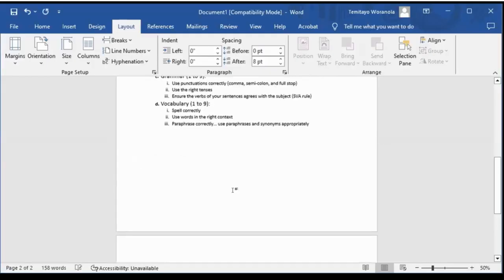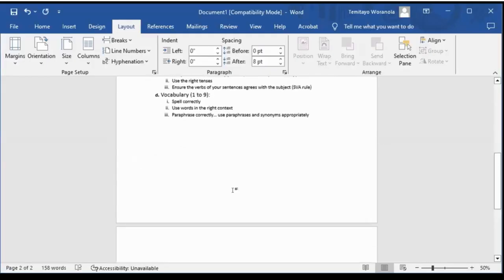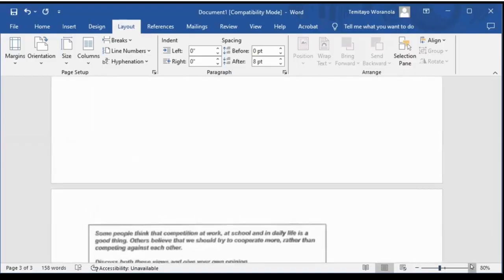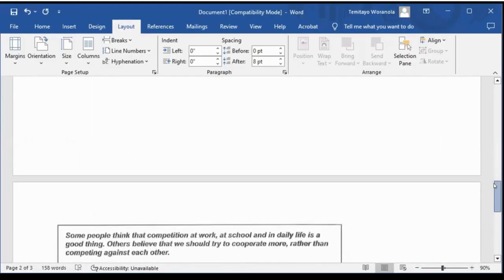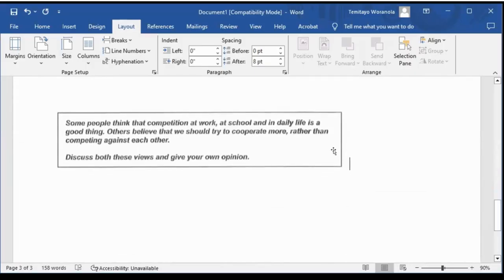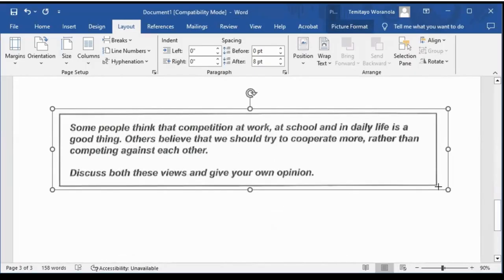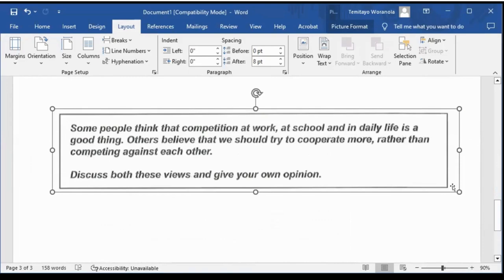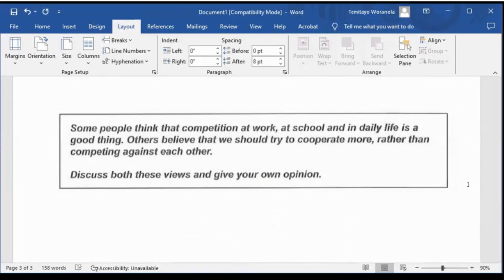So this is our essay question here, ladies and gentlemen. Okay, so what is the first thing to do?